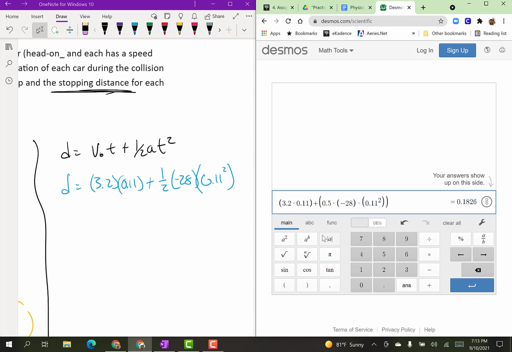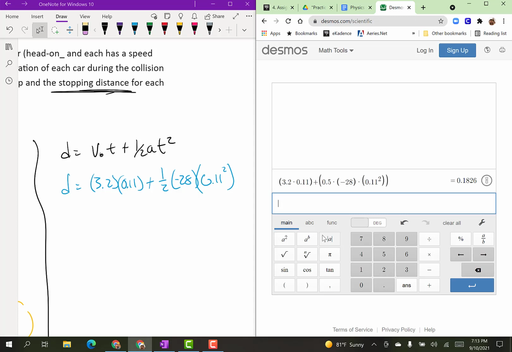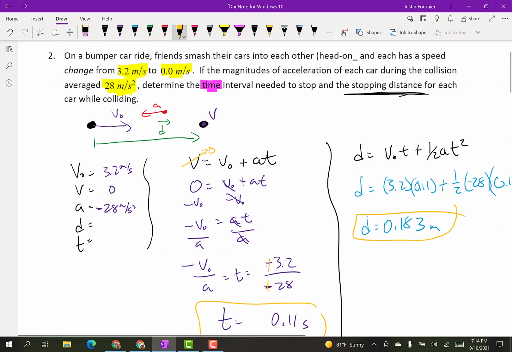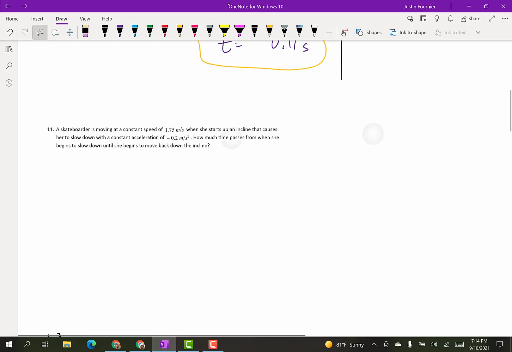And there we go. So I get a displacement of 0.183, or 18.3 centimeters, but I'll say 0.183 meters. So both mean the same thing. All right, moving right along.